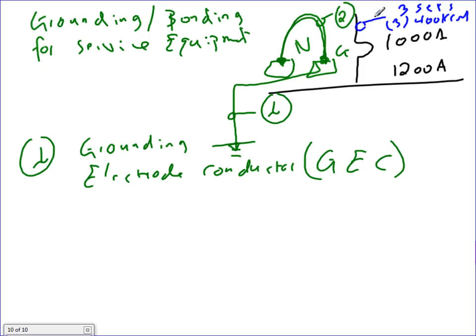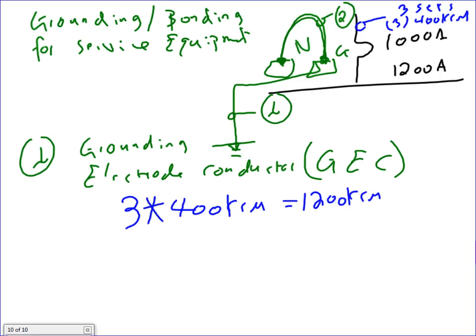I have 3 sets. Multiply the 3 sets by what's each one of these phase sets, 400 kcm. That will give me 1200 kcm. Take it all the way to table 250.66.